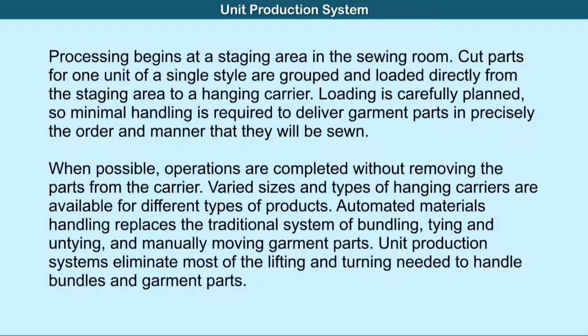Varied sizes and types of hanging carriers are available for different types of products. Automated materials handling replaces the traditional system of bundling, tying and untying, and manually moving garment parts.